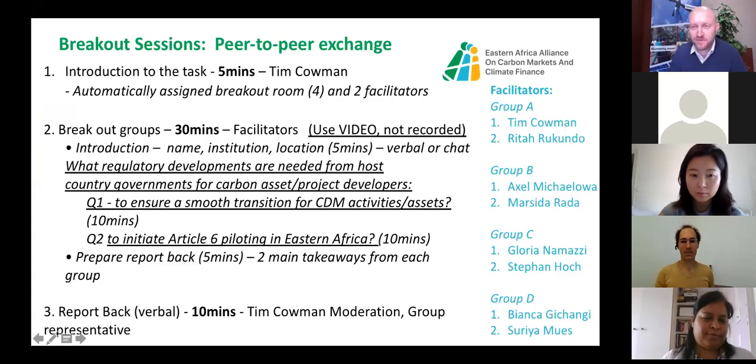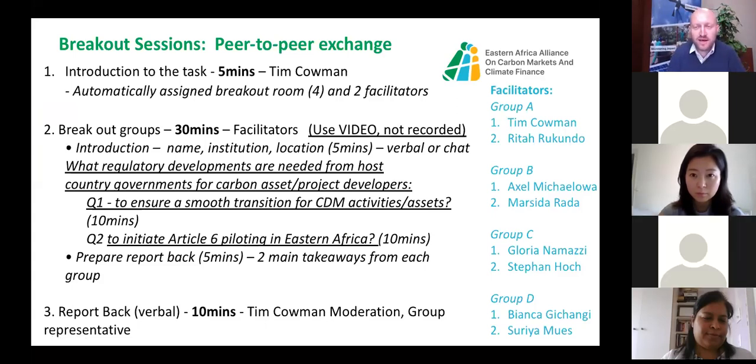We're going to take a bit of a change of tack now and split into groups. There's about 45 people on the call, so we're going to split into breakout rooms. You'll be automatically assigned to those. There are 4 rooms, with 2 facilitators in each.